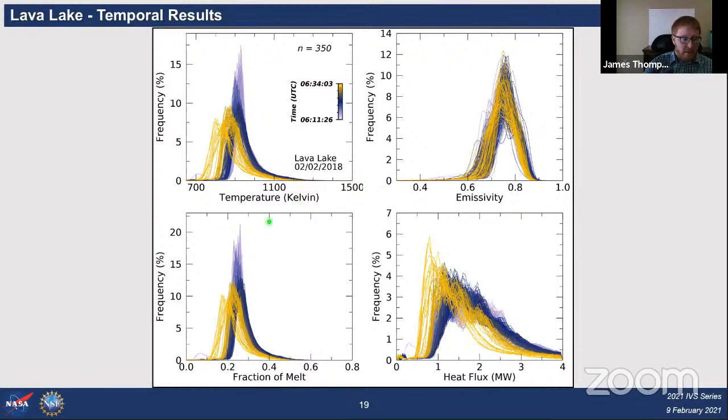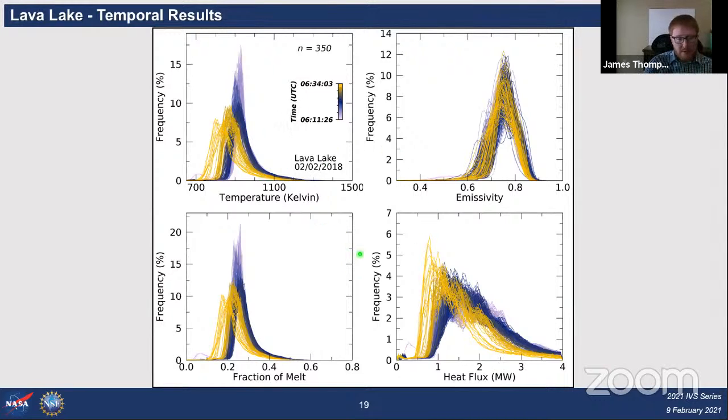However, we do see a fairly strong bimodal distribution, and this is likely a result of the fact that we have two very distinct features within the lava lake. We have the crustal plates and then the hotter molten margins, and so they're picked out in these frequency graphs.